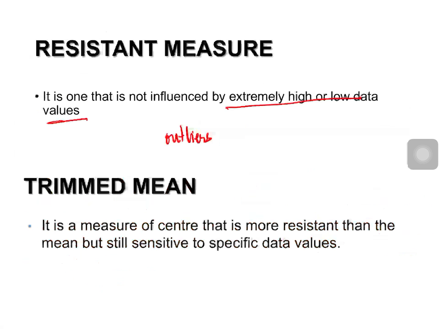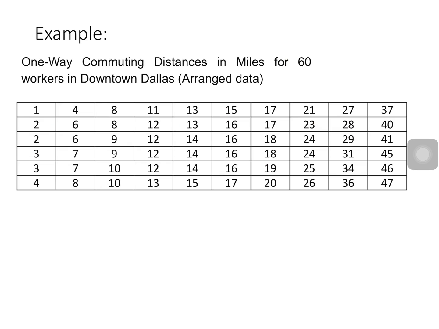So the trimmed mean is a measure of center that is more resistant than the mean but still sensitive to specific data values. It removes the outliers. So how are we going to do that? For our example, let us say I want to compute for the 5% trimmed mean.